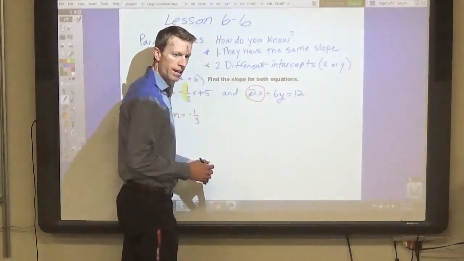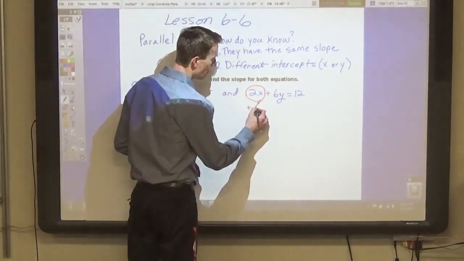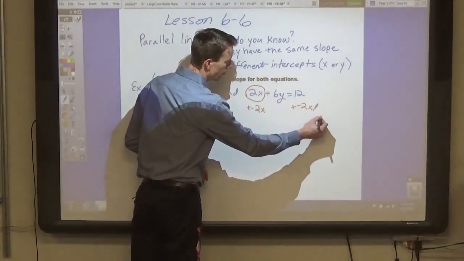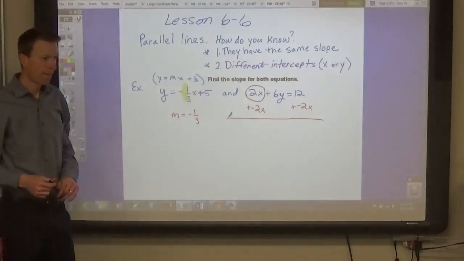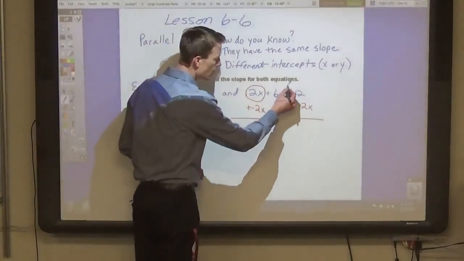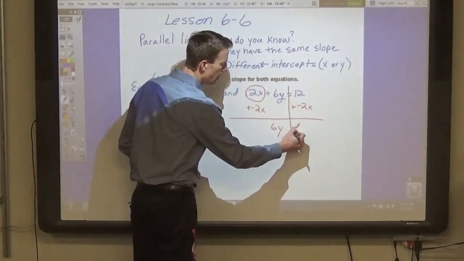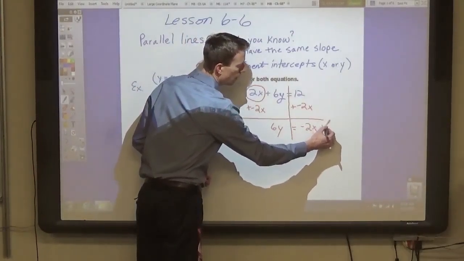So we'd have to get rid of the negative 2x. Do this with me. Then on this side you still have 6y equals negative 2x plus 12.